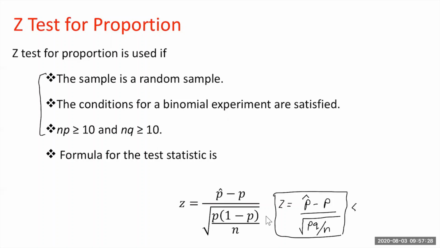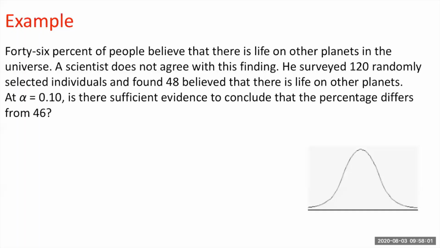This is the formula to calculate the test statistic. We'll use this formula to find the test statistic and then solve the problem. So this is the fundamental part that you need to know. You need to know the formula, because we'll be using it in the next example.